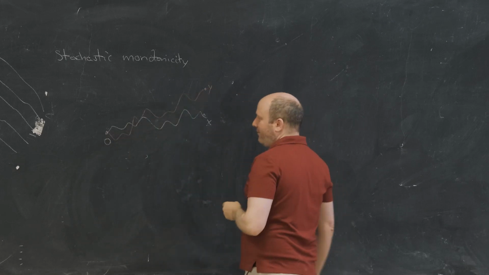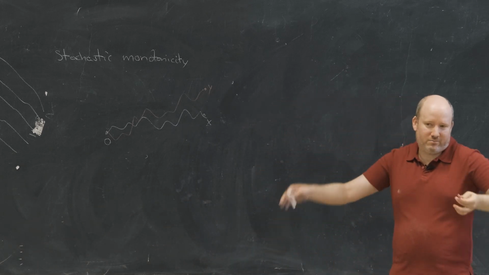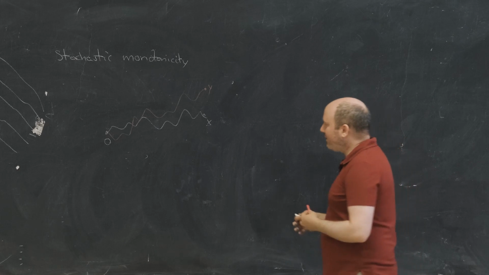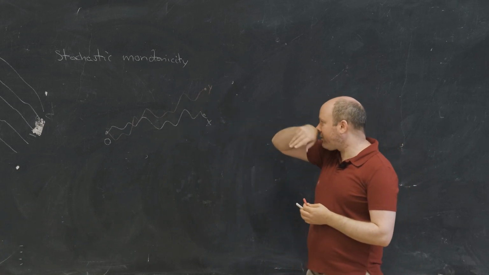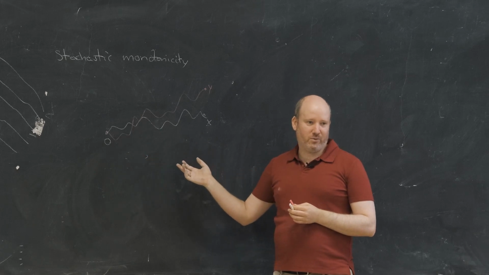A priori, if they're independent, there's no ordering between them. On the other hand, it seems kind of clear that the thing that goes to the higher point should somehow be above the thing that goes to the lower point, right?